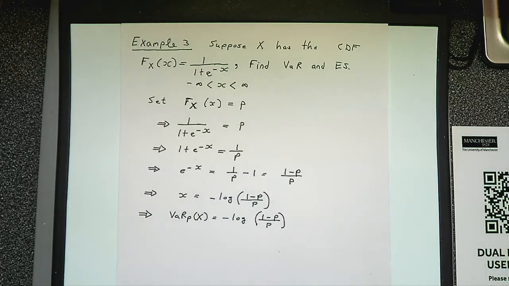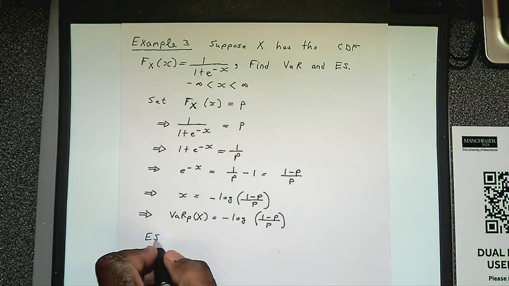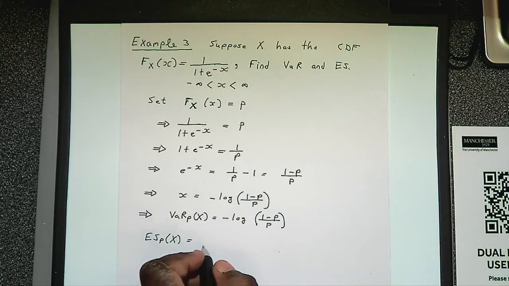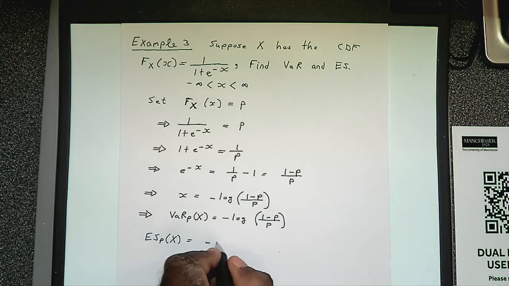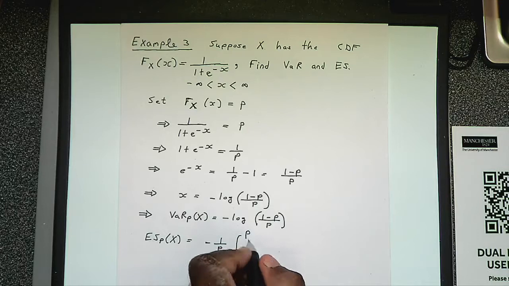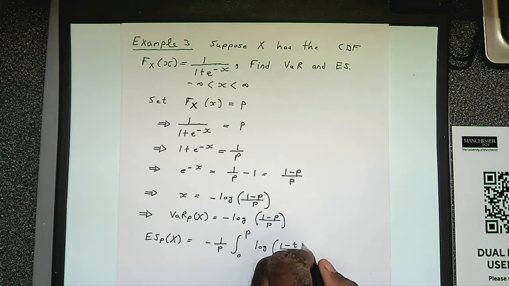Now to find the expected shortfall, you use the formula, which is the integral from 0 to p of log of (1 minus t) divided by t dt.